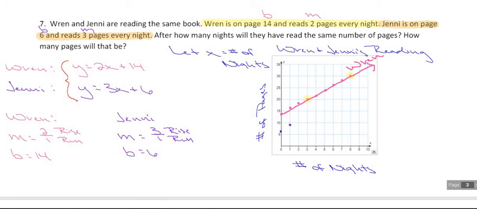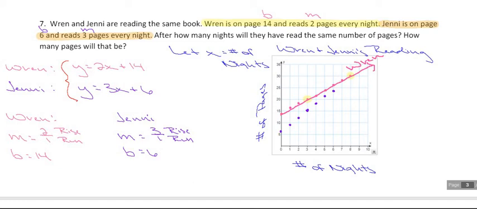9 rise 3 gives me 12, run 1. 12 rise 3, we're at 15, run 1. 15 rise 3, we're at 18, run 1. 18 rise 3, we're at 21, run 1. 21 rise 3, we're at 24, run 1. 24 rise 3, we're at 27, run 1.